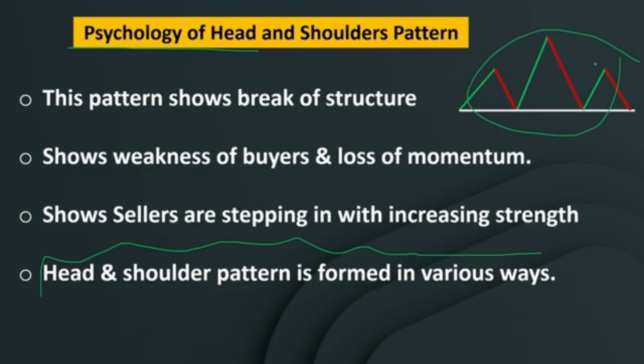And the last important point in psychology is that the head and shoulder pattern does not always look like a basic one. We will not always see it exactly like this. It has many forms, which we will show one by one. We have to understand their psychology also, so that whenever we see different types of head and shoulders, we can understand that here there is weakness of buyers, there is strength of sellers, there is loss of momentum.